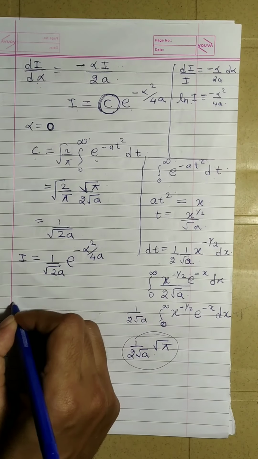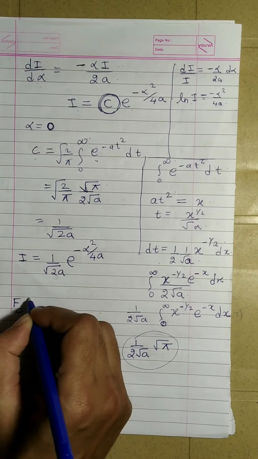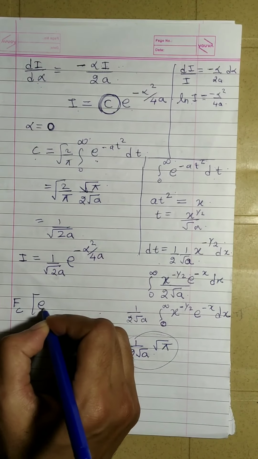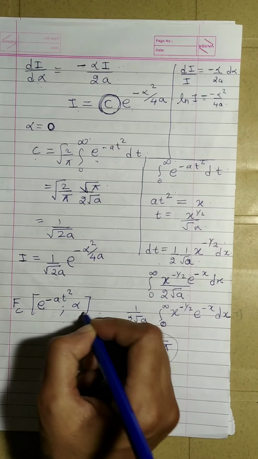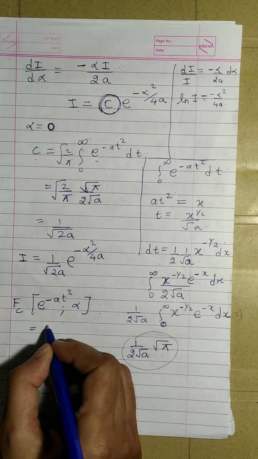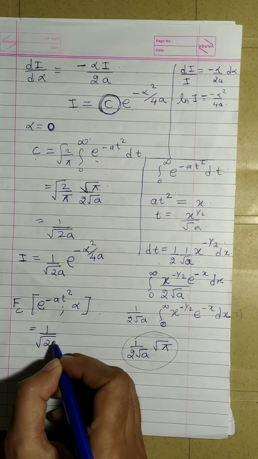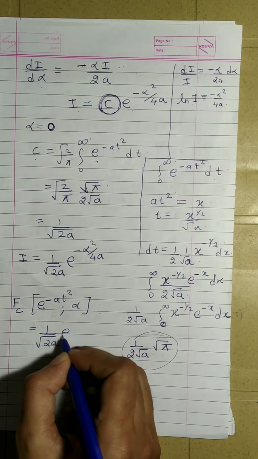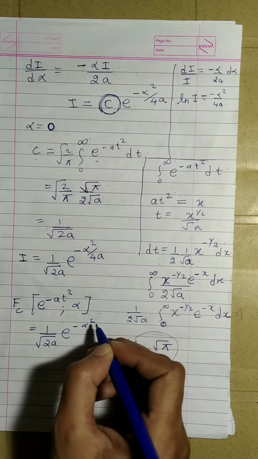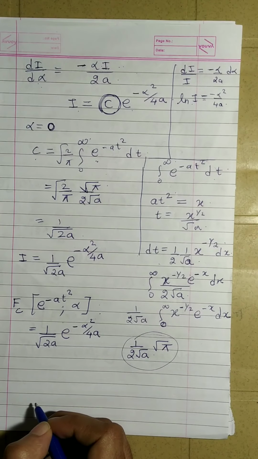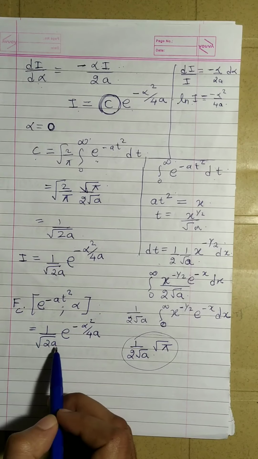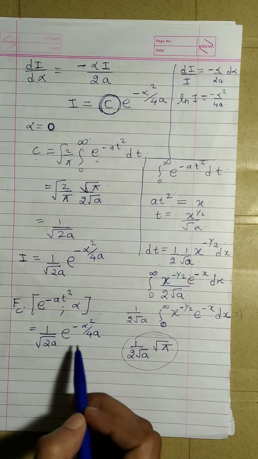Therefore, the Fourier cosine transform of the function e raised to minus a t square will be 1 upon root of 2a into e raised to minus alpha square by 4a. Fourier cosine transform of this function is this.